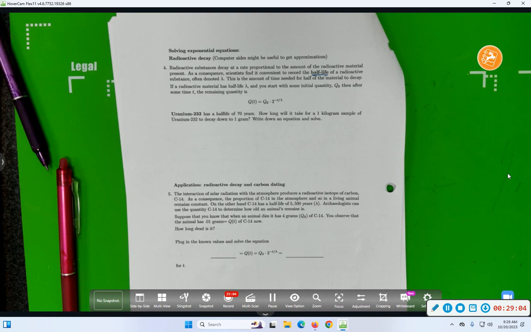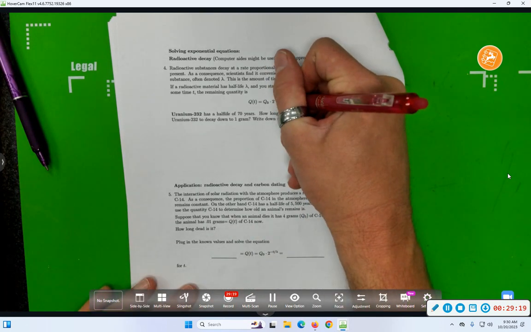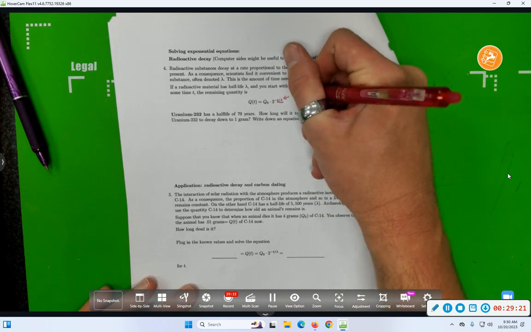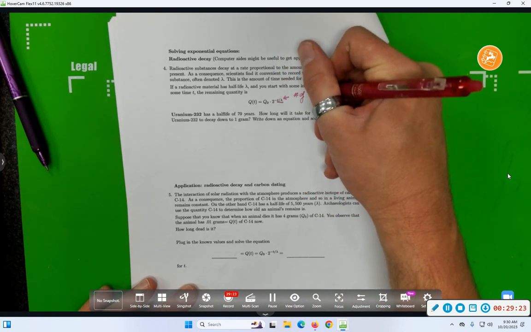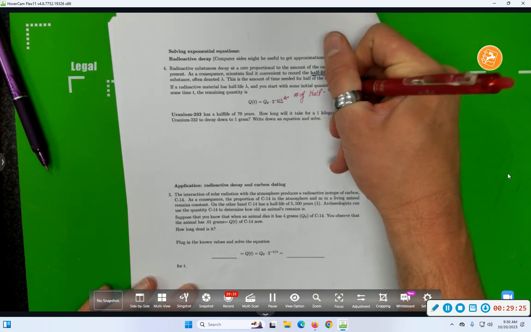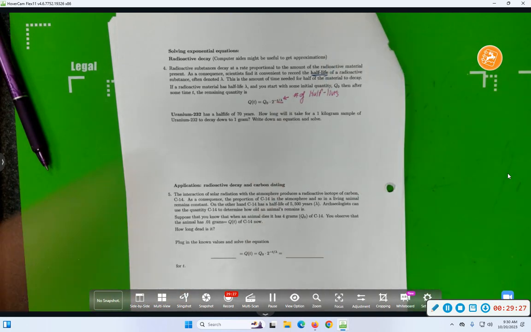So let's say the half-life is 20 minutes. If you wait 40 minutes, how many half-lives have you gone through? 2. To get that, you divided by the half-life. So this number right here is just how many half-lives you have gone through.